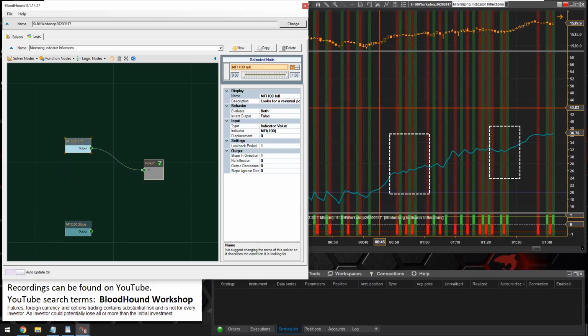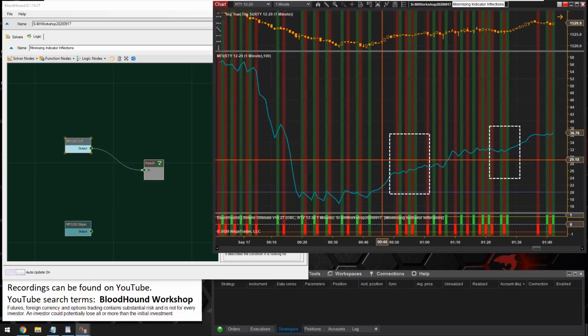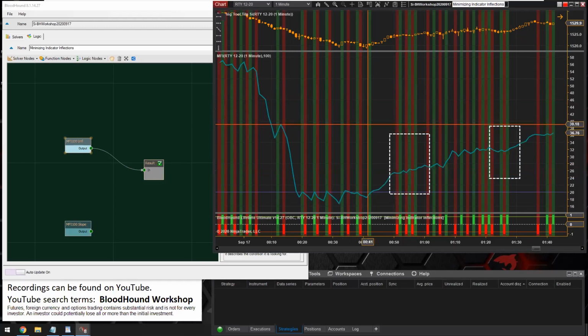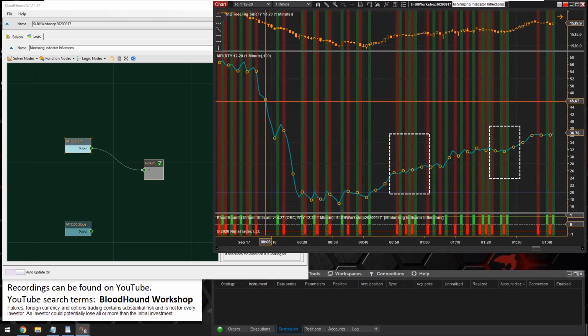I've got two ways that we can use to minimize all this choppiness within the indicator, to minimize or prevent all of these inflection points. The first thing I'm going to do is smooth out the indicator.